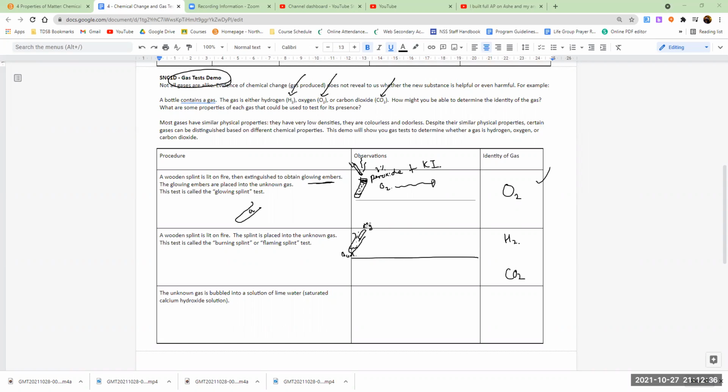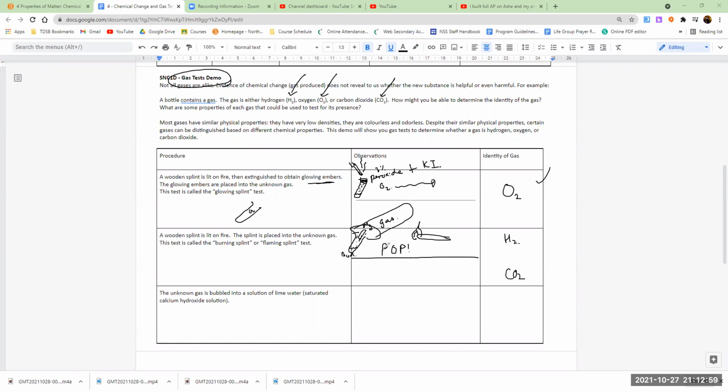And as the bubbles were produced, I actually took a larger test tube and trapped all the gas inside here. Once I was ready, I placed a burning splint inside it and actually created a big pop sound. In other words, I combusted the hydrogen gas. I blew it up.